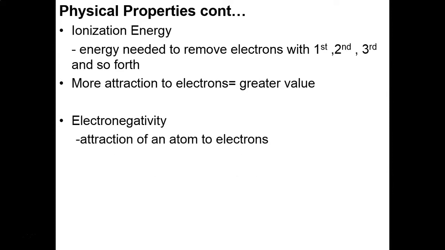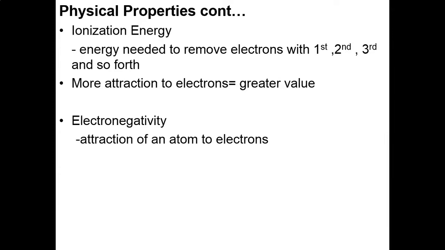Electronegativity, on the other hand, is the attraction of an atom to electrons. So, noble gases are all zeros. They have complete shells. There's no reason for them to attract electrons. Please remember that. They have zero electronegativity. The rest of the elements follow the same trend as ionization energy. So your electronegativity increases as you go to the right and as you go up a group.